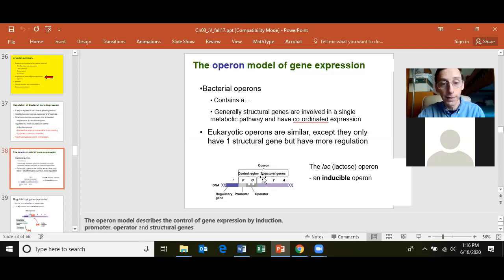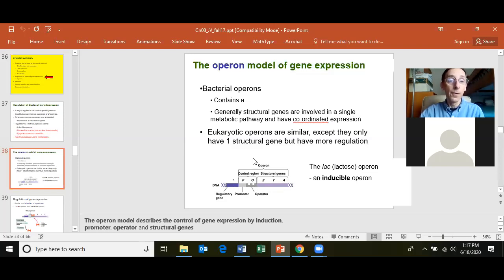But in the case of the lac operon, the regulatory gene is right next door to the lac operon. In a eukaryote, the regulatory genes that control the expression of the operon usually are on a different chromosome, so they're nowhere near the operon. But in the lac operon, the regulatory gene just happens to be right next to the lac operon.